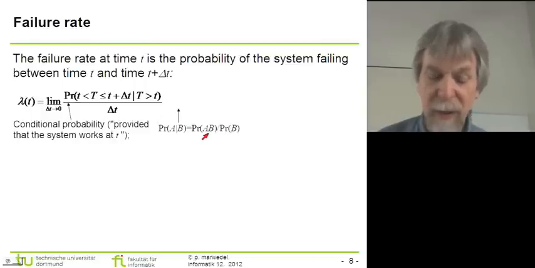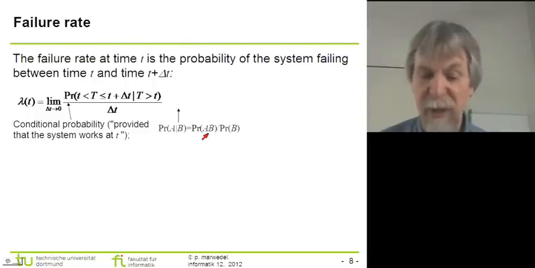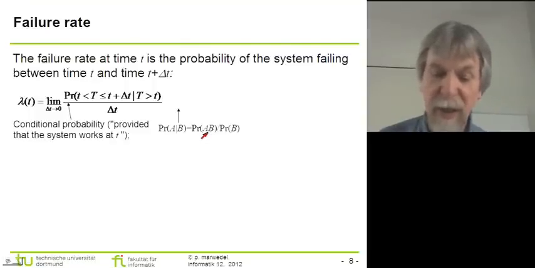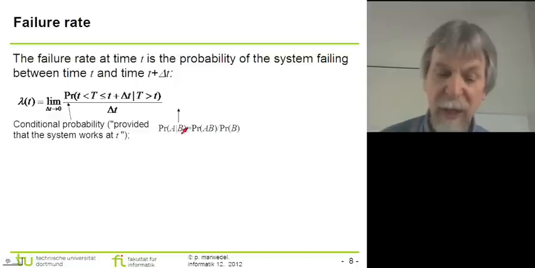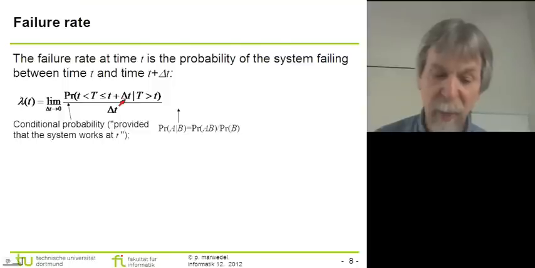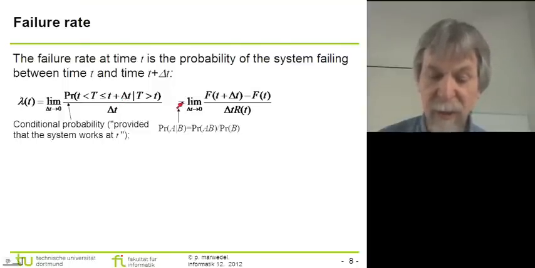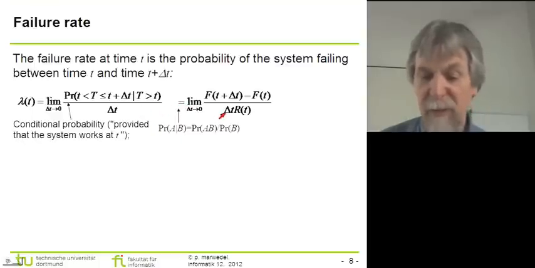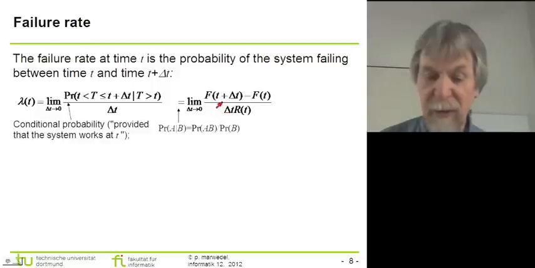and the probability of A and B happening, that means the probability of first having a case where the system is still operational at time lowercase t, and then the system failing until time lowercase t plus delta t. That is the change in the probability of the system still working. So using this equation we can rewrite the left-hand side into the expression that we see on the right-hand side.